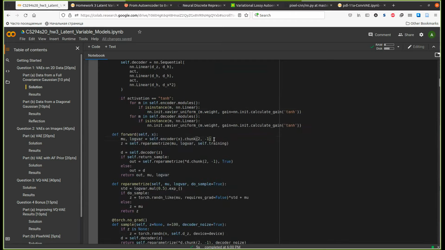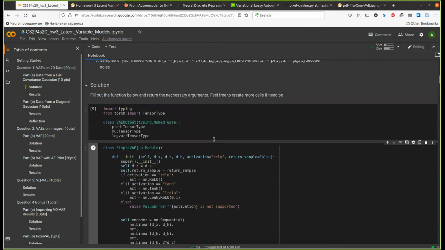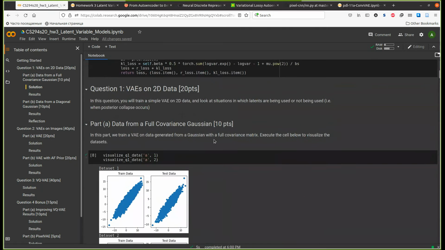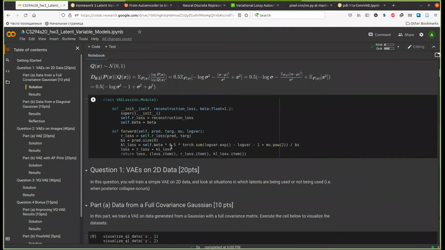I just took this 0.5 multiplier out of the brackets, but as you can see here, when you derive it, it comes out as just log sigma, and then you can have it out of the brackets and multiply by 0.5 only these three components.